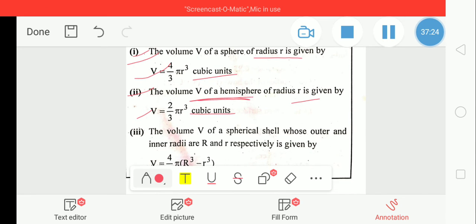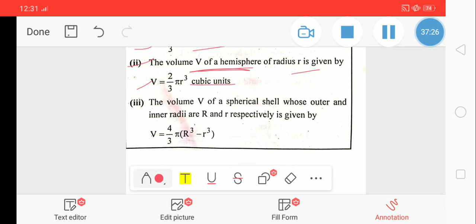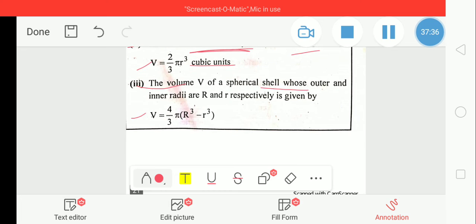And volume V of a spherical shell whose outer and inner radius are capital R and small r respectively is V equals 4 by 3 pi, capital R cube minus small r cube. So they give volume of spherical shell.